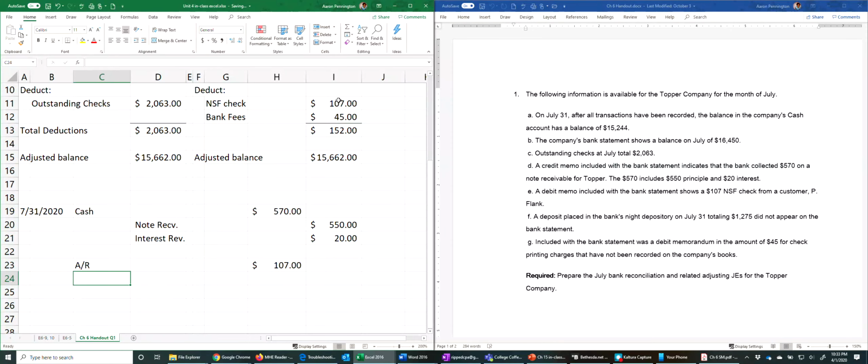And then bank fees: to be consistent with Connect, that's a miscellaneous expense, for $45.